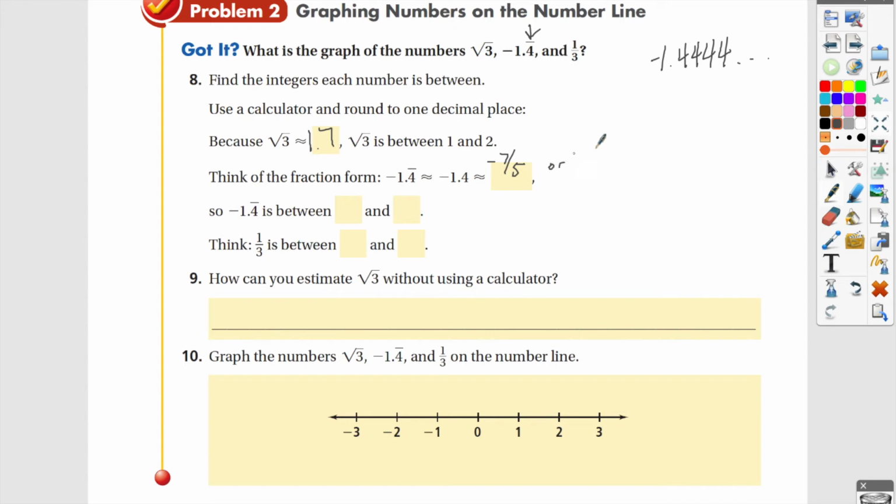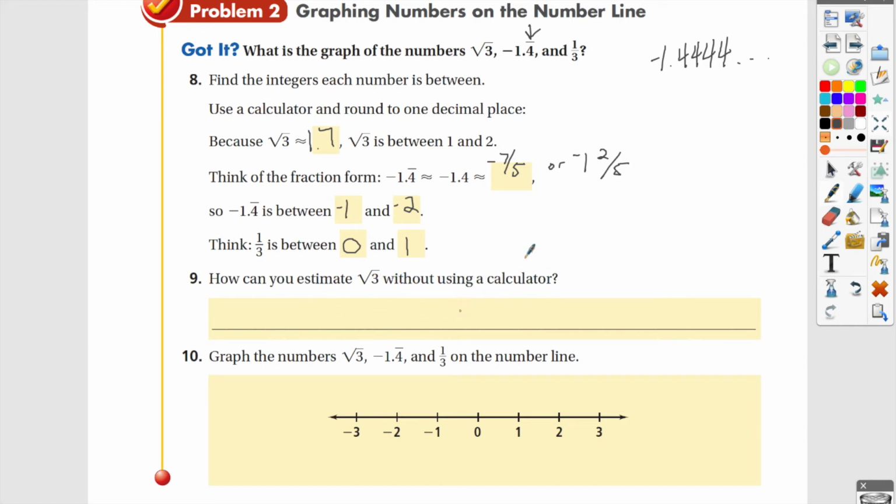Or they might be looking for negative 1 and 2/5, which is, again, all negative. So negative 1.4 is between negative 1 and negative 2. Think 1/3 is between, everyone's usually going to jump to 1 because they said it, but it's actually between 0 and 1.